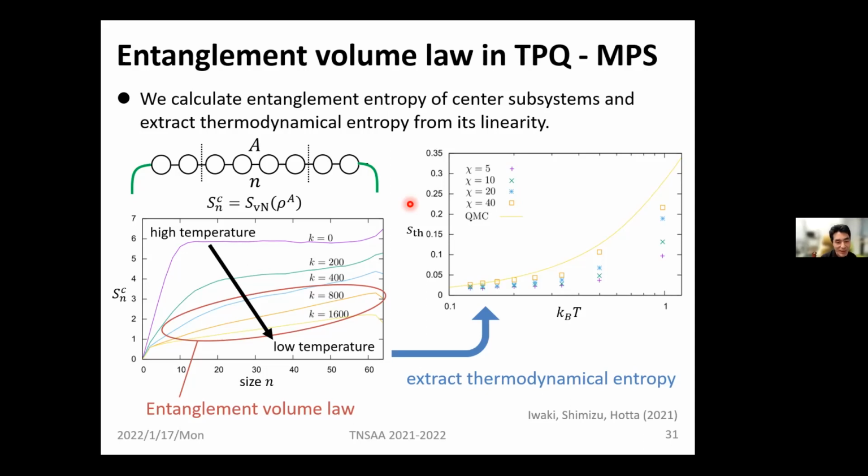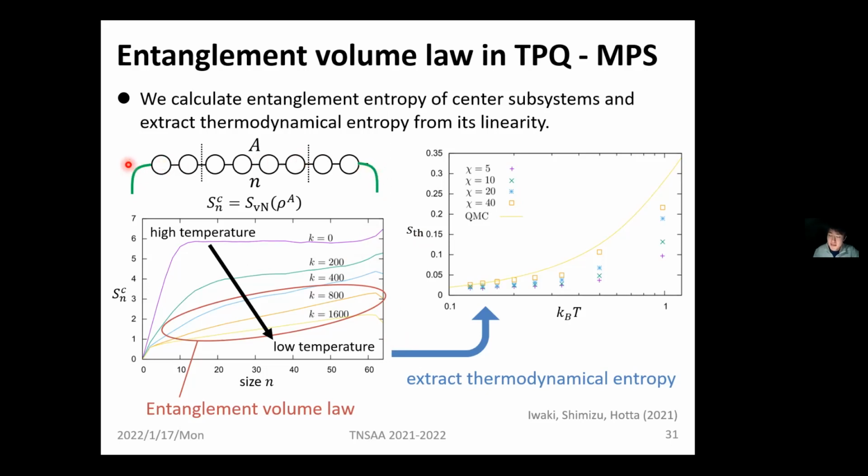It's not so clear for me. What is the origin of the entanglement? Usually in the MPS state, the maximum entanglement is proportional to the logarithm of chi. However, in this case, the origin of the large entanglement is the existence of auxiliaries.